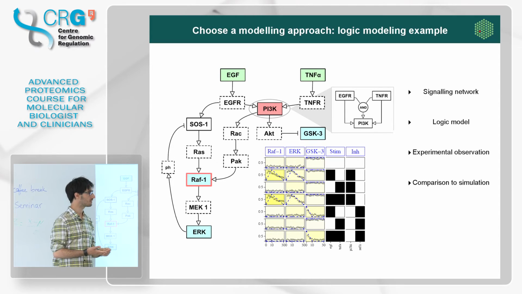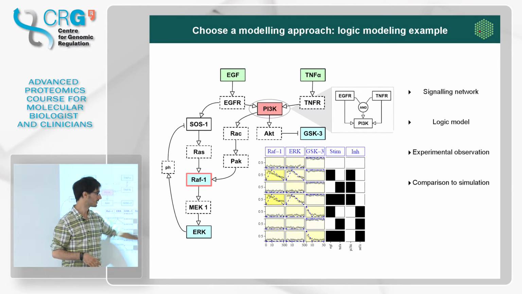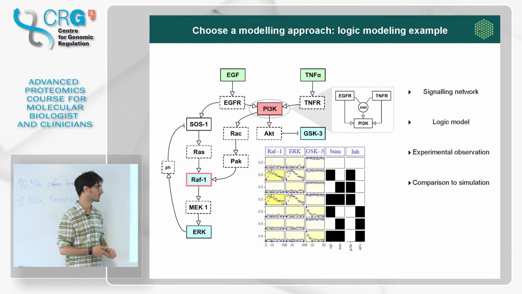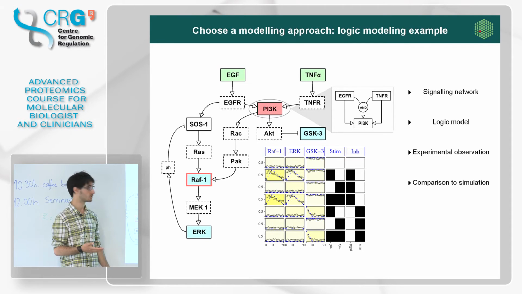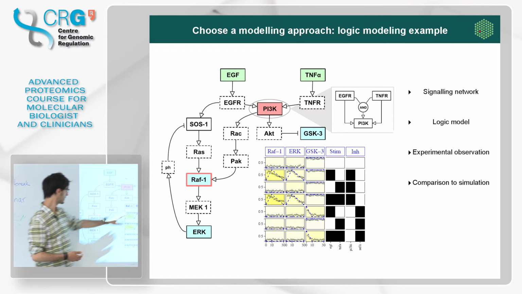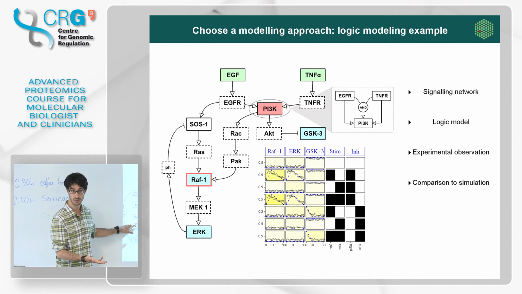So to make it predictive, you still need to train it to your data, and therefore you need to acquire this experimental data. And then we're going to do a process where we compare the simulations that you can do from this network to the actual data. And that's what we can see here. So again, the blue nodes, using network terminology now, these are nodes and these are edges or interactions.